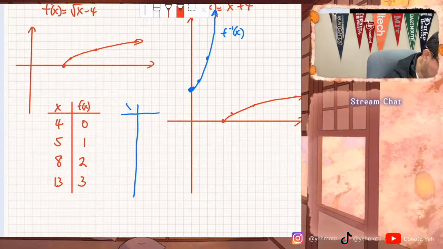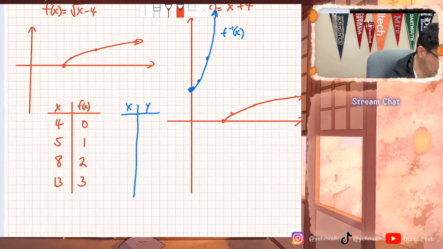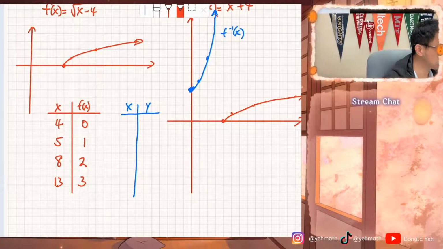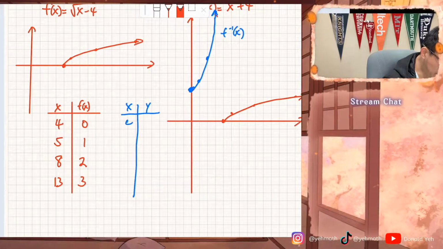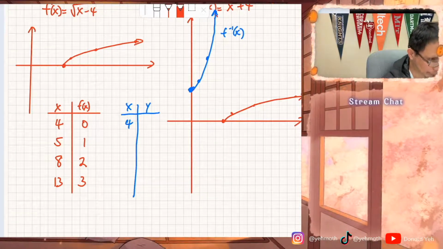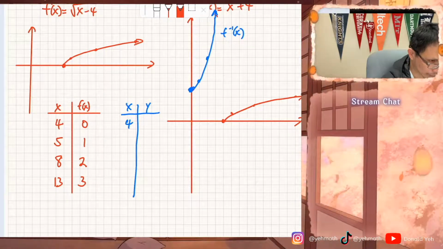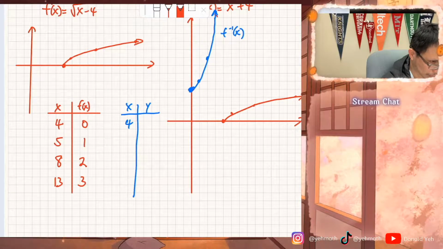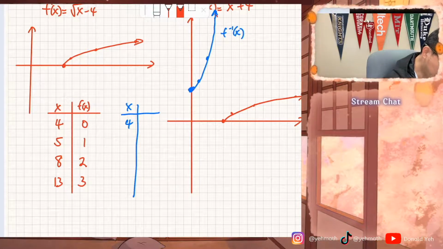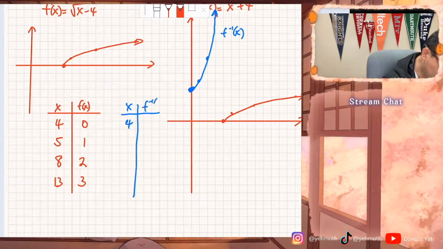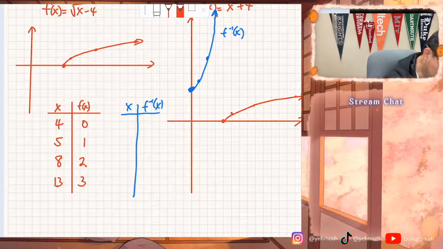So if I do x and y, what will happen? Well, it turns out the values switch, right? Wait, sorry, this is the inverse. I don't want to plug in 4, I want to plug in 0.